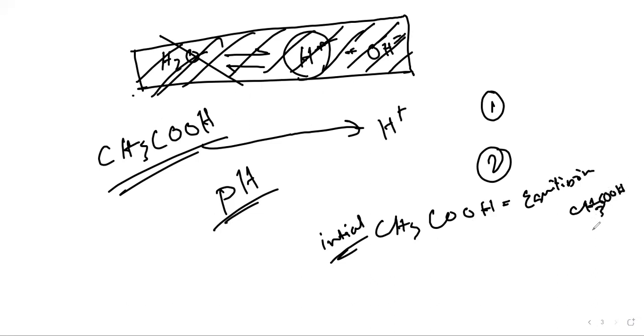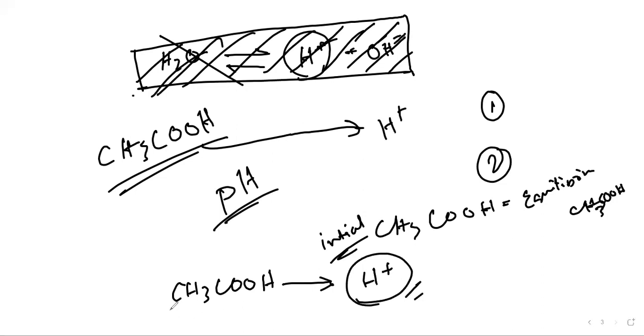Now, this might be confusing, but try to think of it this way. If this CH3COOH does not break, then how will the H plus ion be produced? That means in order to break this, a certain portion of CH3COOH will be getting used up, so the value of CH3COOH is going to decrease.